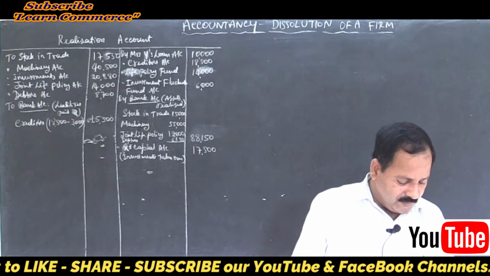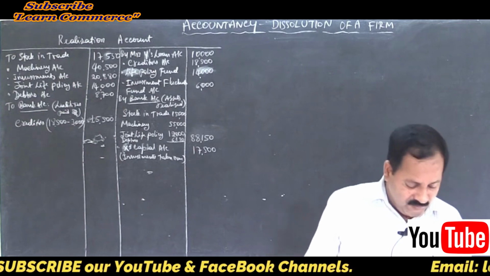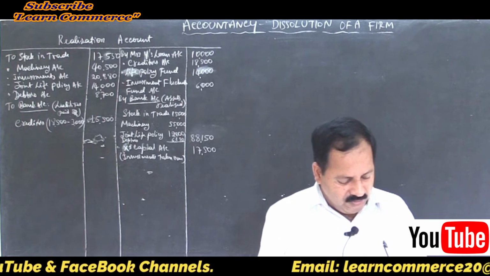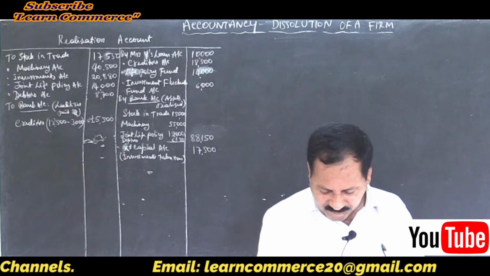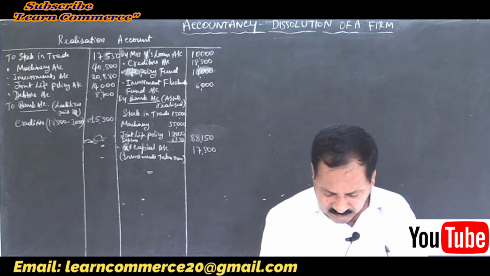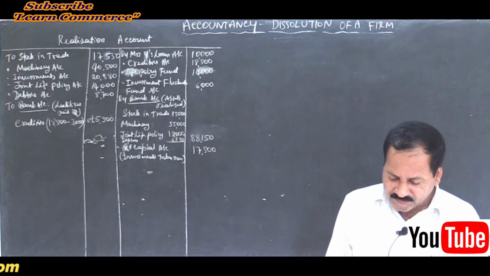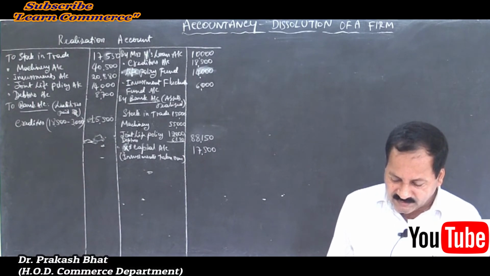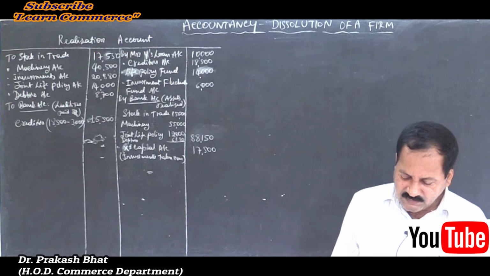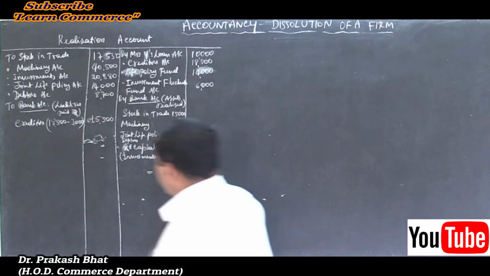So we have to pass entry for that. Before that, loan was taken over, isn't it? Y agrees to discharge his wife's loan, correct? So the entry should be passed for that.